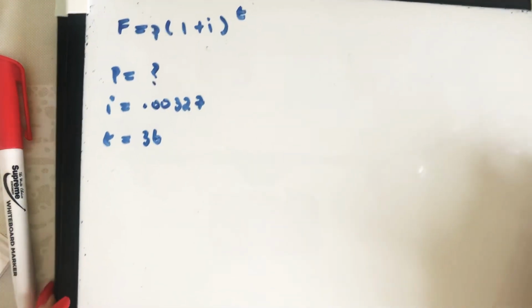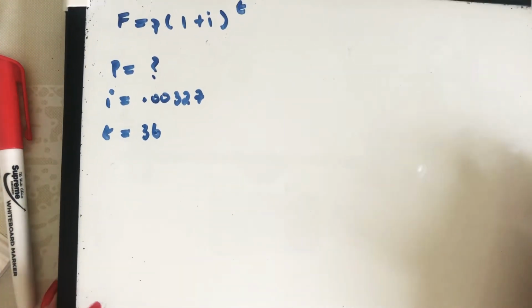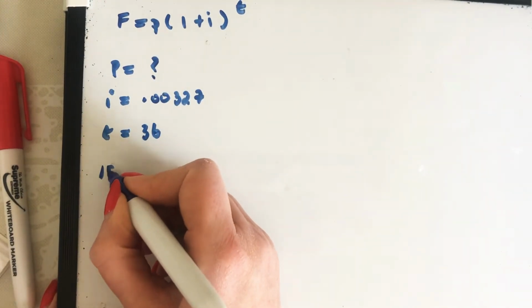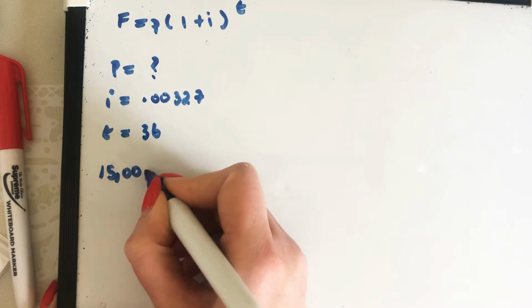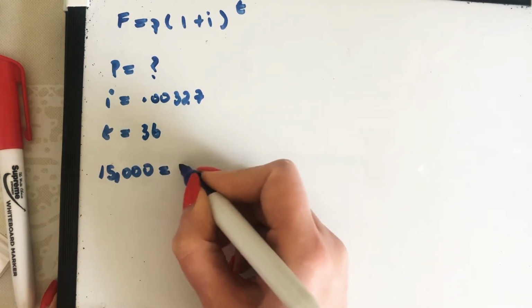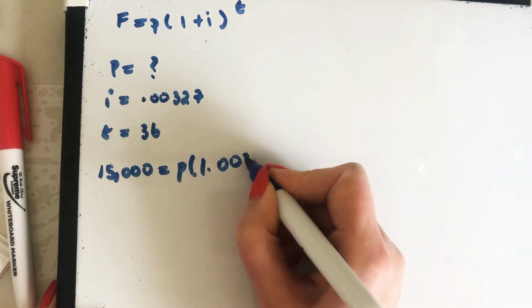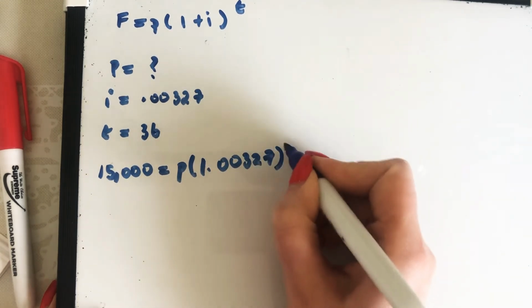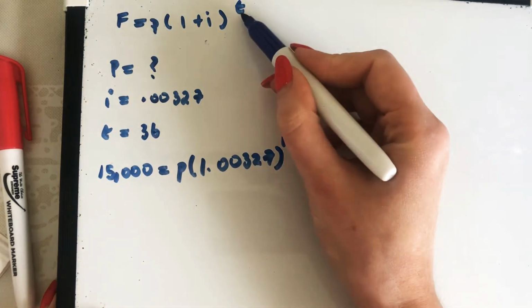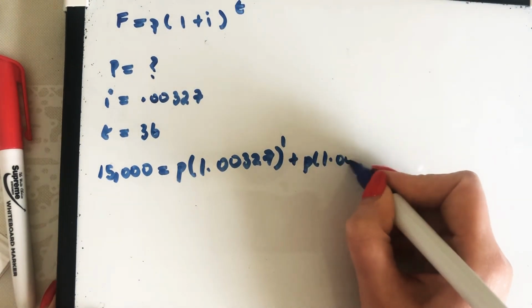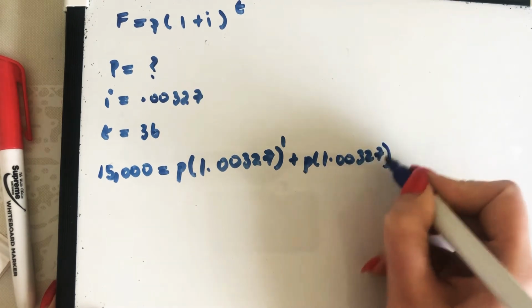So let's begin by forming our geometric series. So our F value is 15,000 because we know that's how much money she has saved. So now let's put in our P as it is, P(1.00327)^1. So we can see here T is 1, plus P(1.00327)^2.